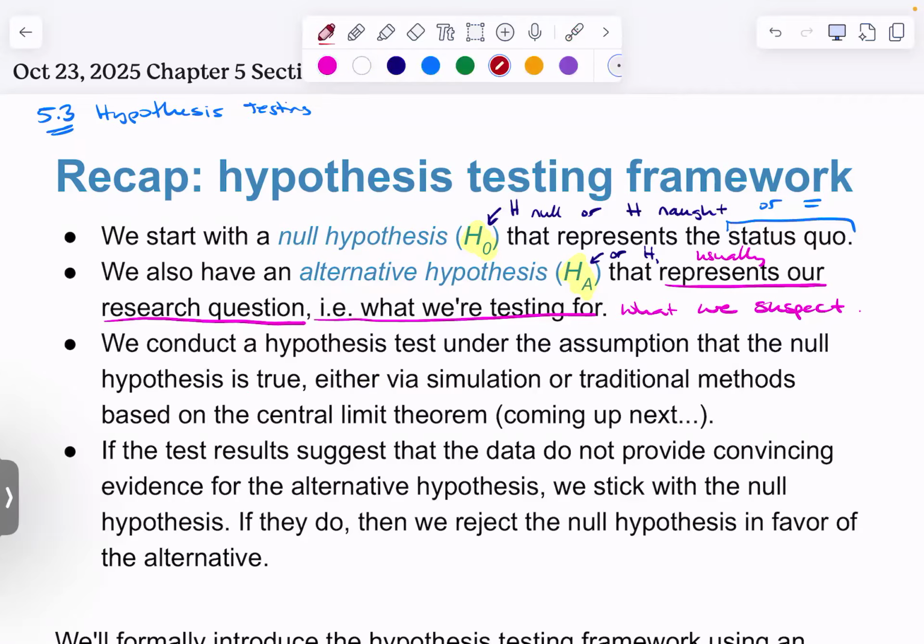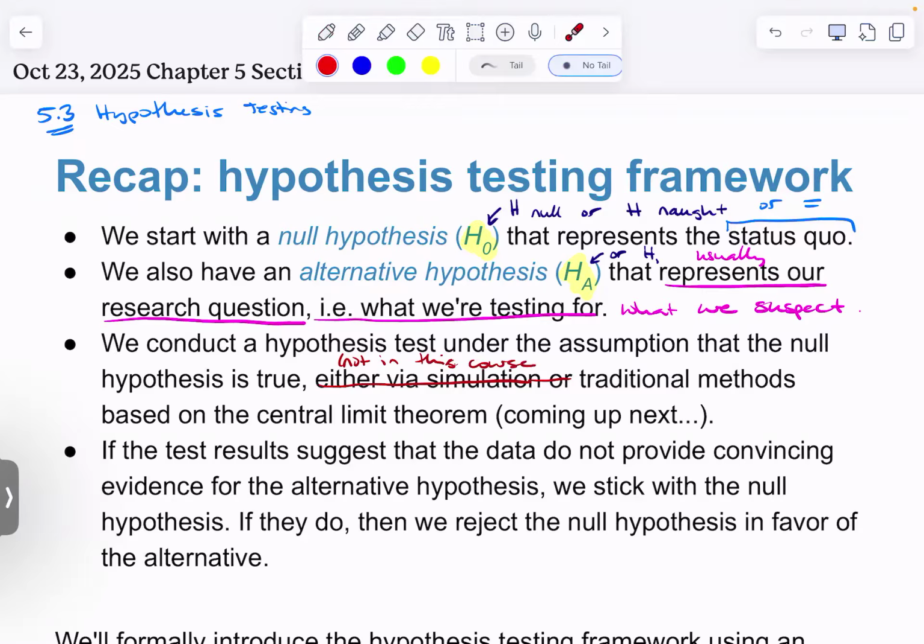And we're not going to use simulation in this course. It is an option, but we're just going to use the traditional methods based on the central limit theorem, which should sound familiar at this point.